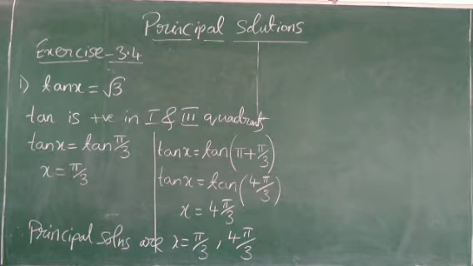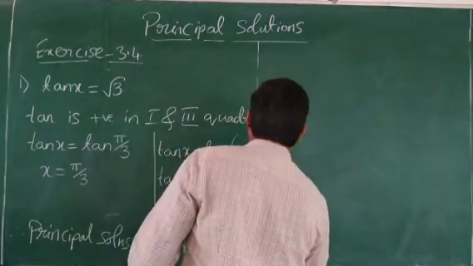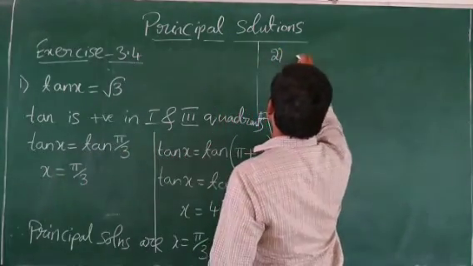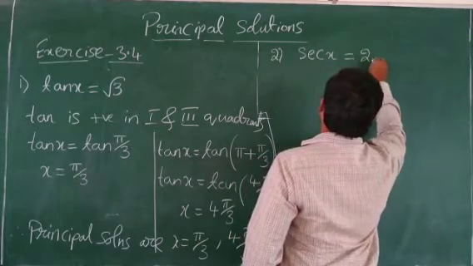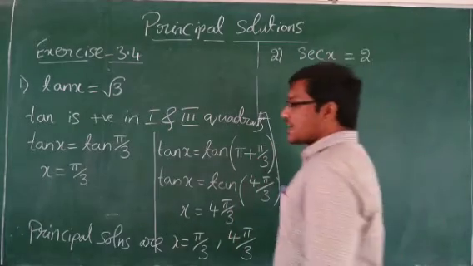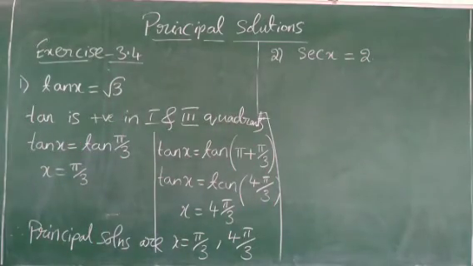We can take one more example. Secant x is equal to 2. Second question, secant x is equal to 2. Now secant is positive. In which quadrants do you get secant positive? Secant positive means cos, its reciprocal, should be positive.